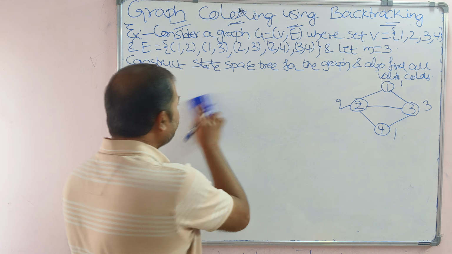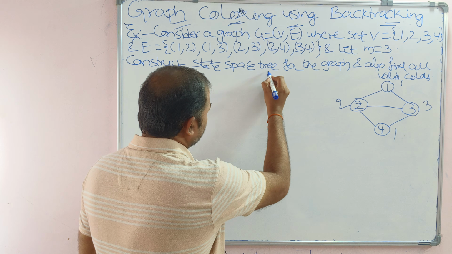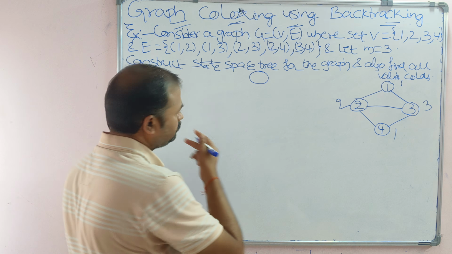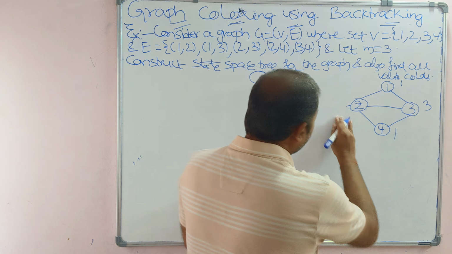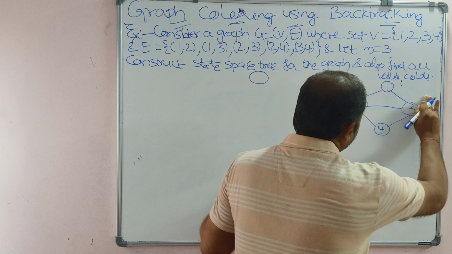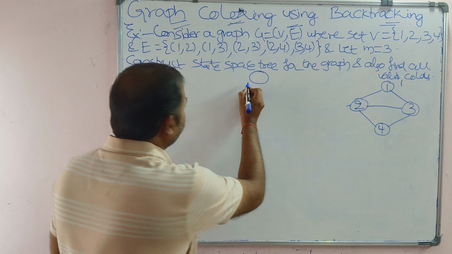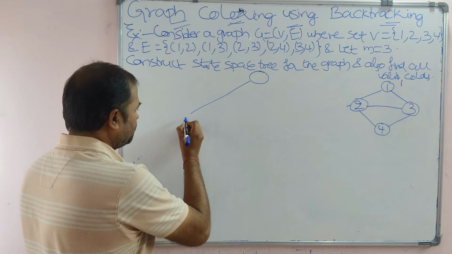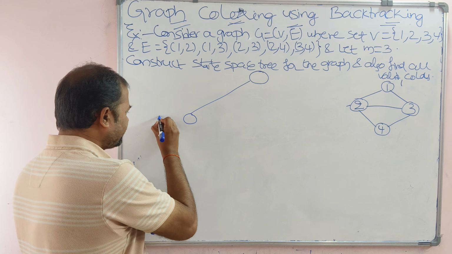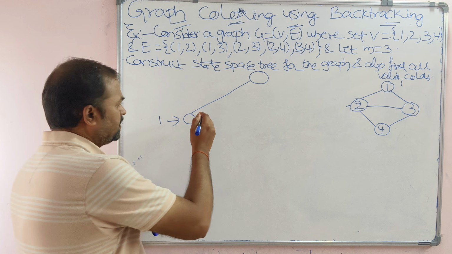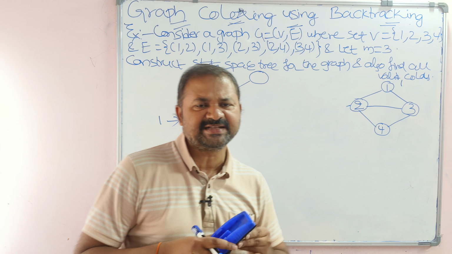So here the first node is the root node. Next we have to color vertex 1. Let us color vertex 1 with color 1. Here 4 vertices are given.